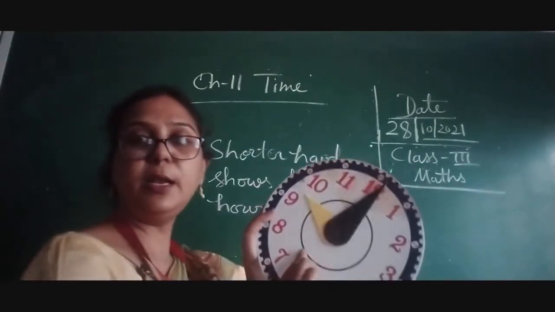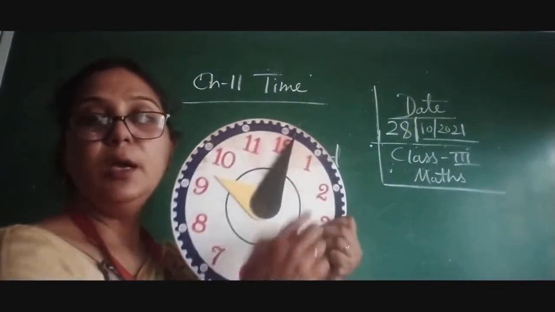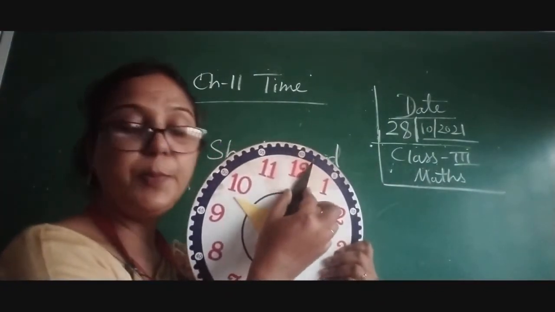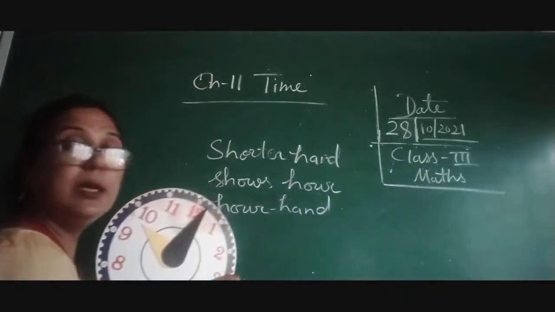The shorter one is called the hour hand. Now this bigger one, this is the big hand, and the bigger hand is the minute hand.